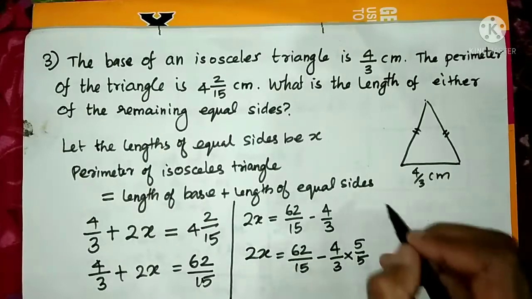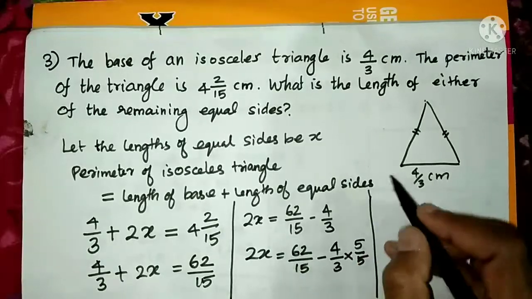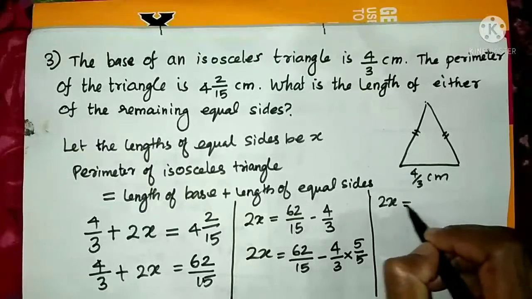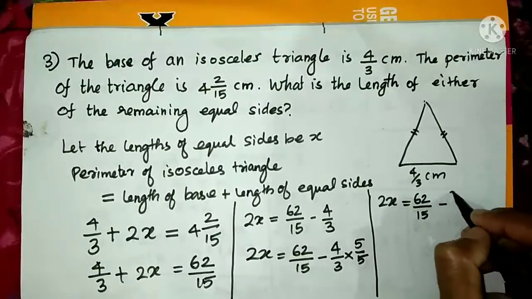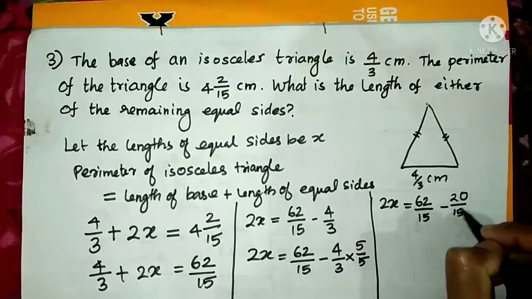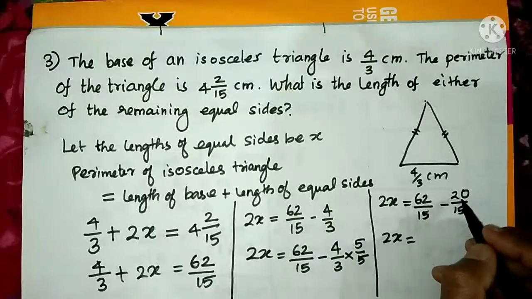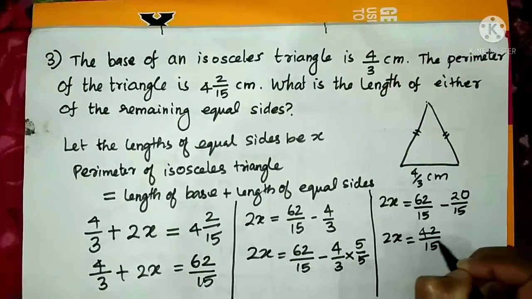So we can write 2x is equal to 62 upon 15 minus 20 upon 15. So 2x is equal to 62 minus 20, we get 42 upon 15.